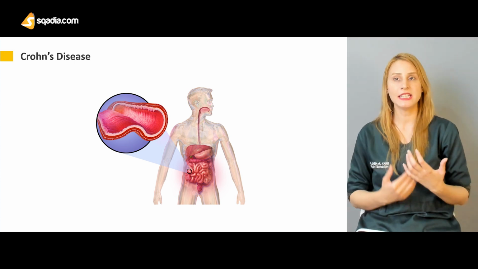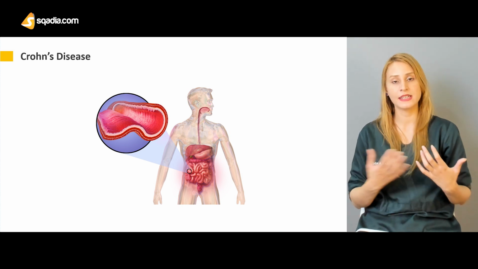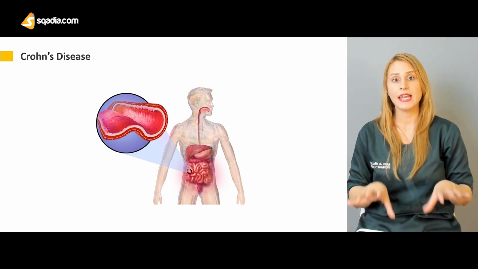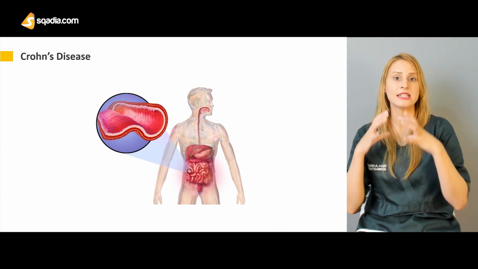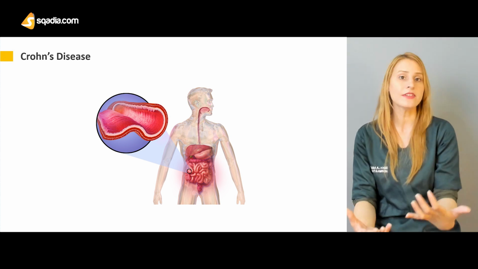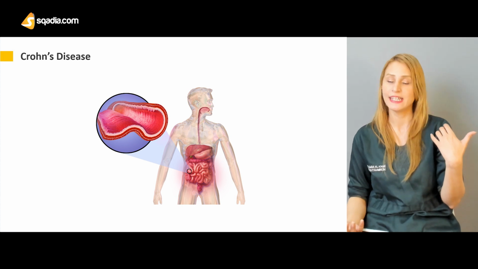And the main problem in the case of skip lesions is that this is a disease which is not affecting only one segment of the intestine; it can be anywhere from the oral cavity to the anal canal.